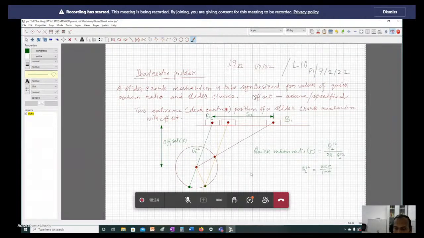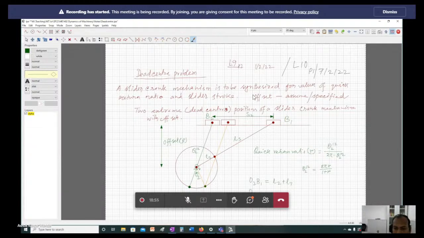This point is O2, the center point where the crank is hinged. Then O2B1 is the link length of the crank, L2, plus the link length of the coupler, L3. So this is L2 plus L3.